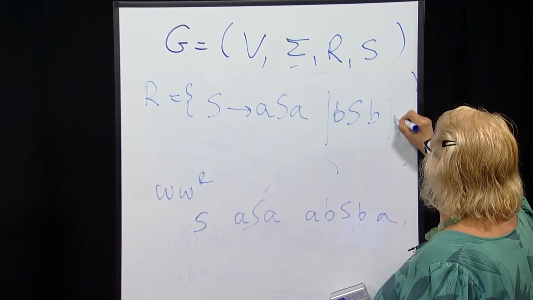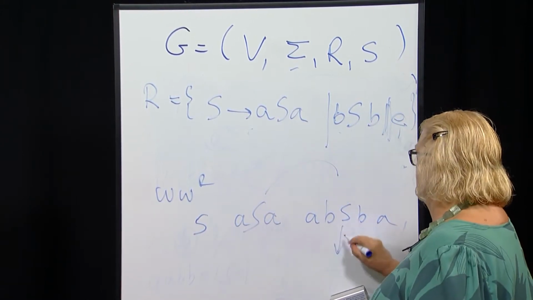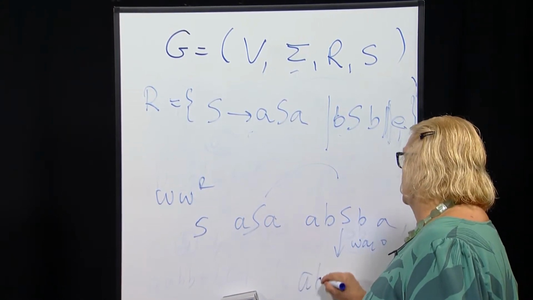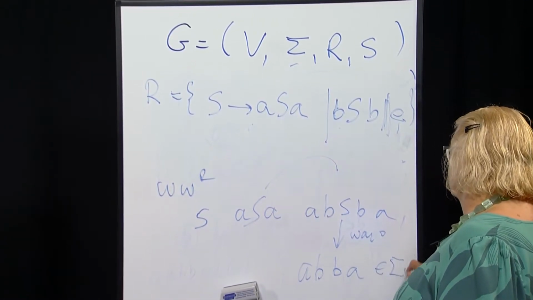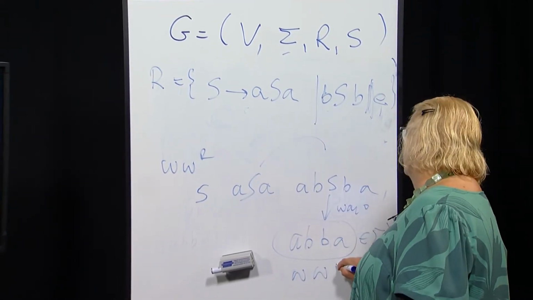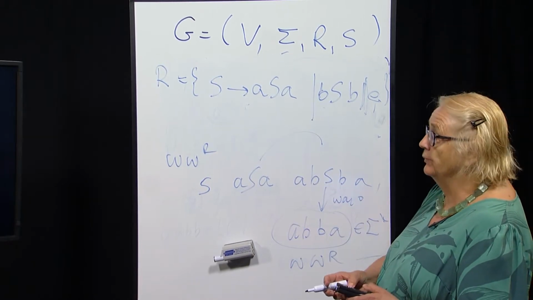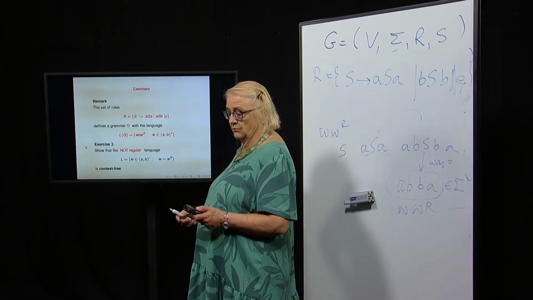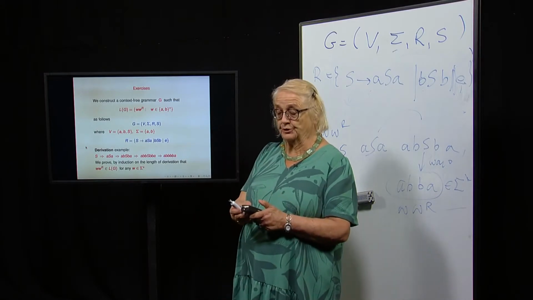So the next rule, the way out, is E. So it would be A B B A, and this is in sigma star, an example of W and W reverse. And by induction you can prove, and we prove, that the language would be, in the general case, W W reverse. Again, you do it by induction on the length of derivation.